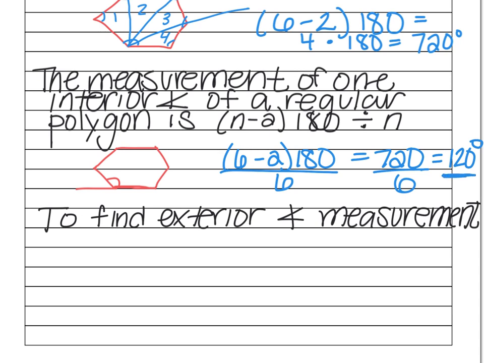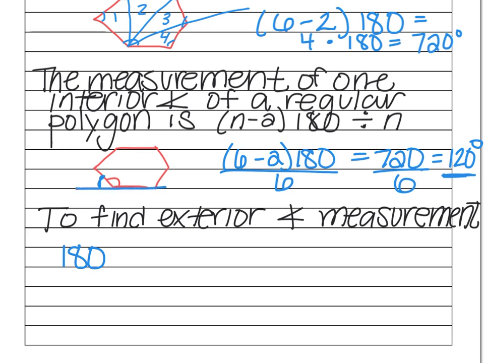You can also find the exterior measurement, which would be this guy right here, the exterior measurement in blue. In order to do that, you take 180 degrees, and the reason I'm taking 180 degrees is because this right here is a line and it should be 180.